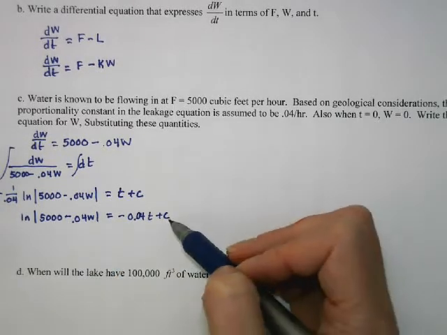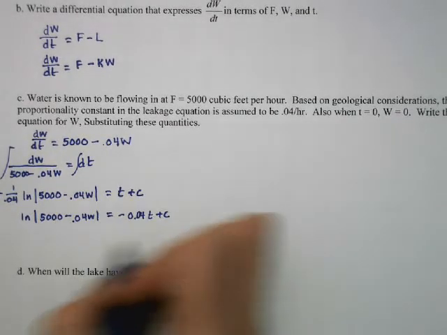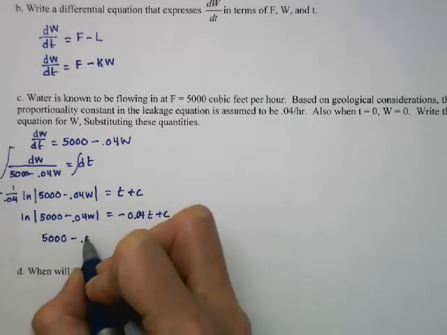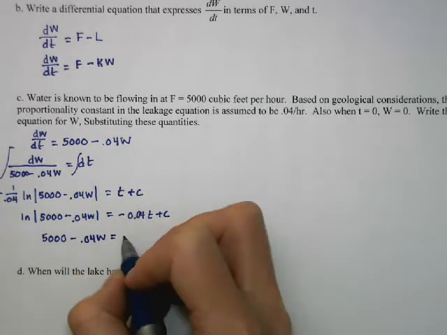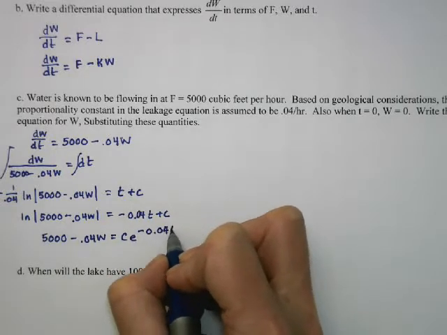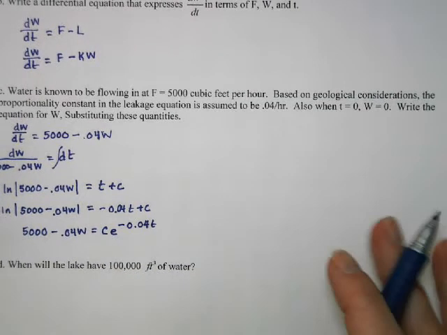So we'll raise both sides to e, so 5,000 minus 0.04W is going to equal Ce to the negative 0.04t. Okay, I'm going to move up here. I'm going to subtract 5,000.